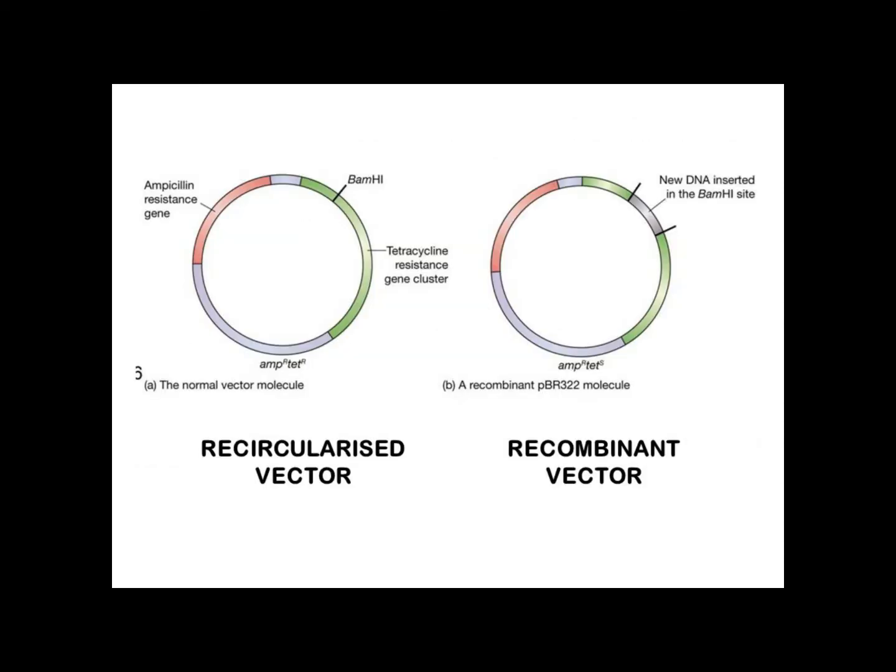If we mix the cut foreign DNA with the vector and allow them to join with the help of ligase, there will be many vectors which will rejoin even without taking up the foreign DNA. These vectors will rejoin without taking up the foreign DNA, and they will get into the host cells.